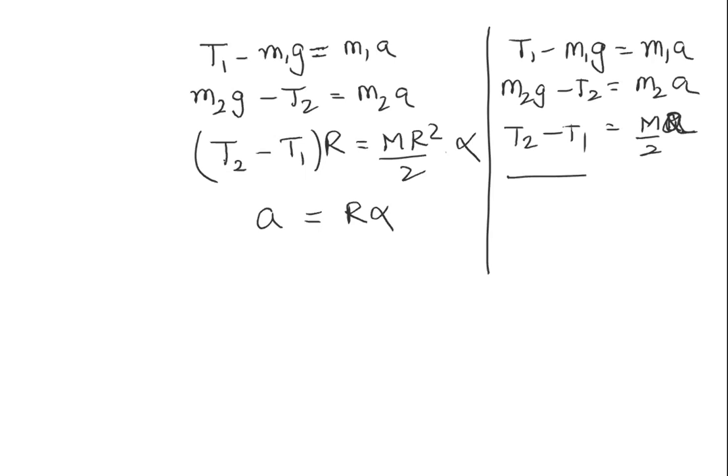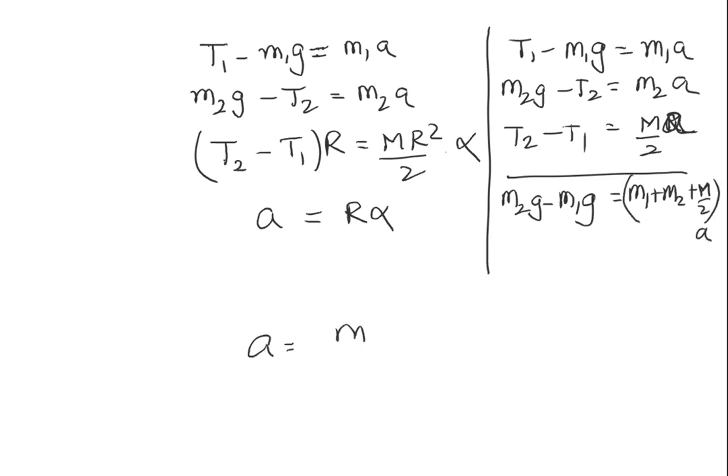Add them all up. Get M2G minus M1G is equal to M1 plus M2 plus M by 2 into A. So A is equal to M2 minus M1 into G upon M1 plus M2 plus M by 2.